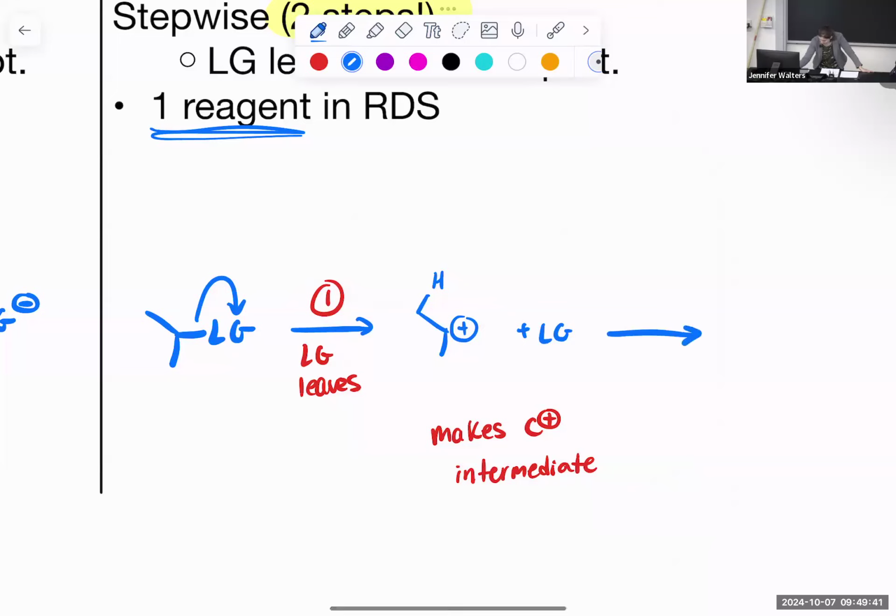Now, in step 2, my base can deprotonate.